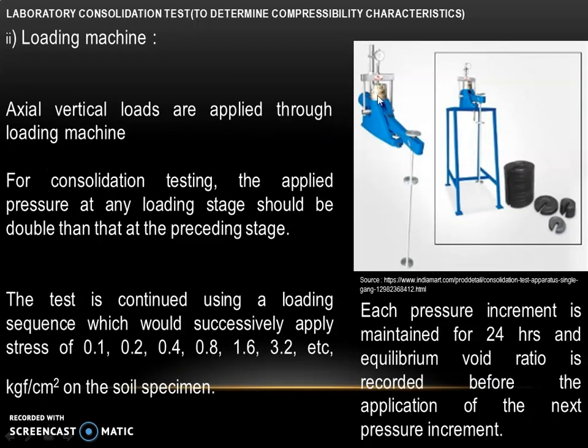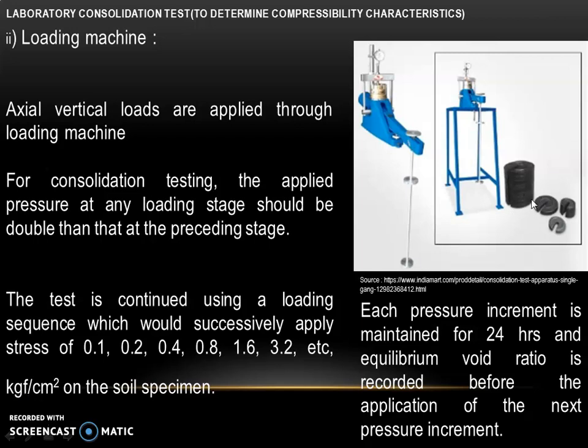Axial vertical loads are applied through the loading machine. For consolidation testing, the applied pressure at any loading stage should be double that at the preceding stage. The test is continued using a loading sequence which would successively apply stress of 0.1, 0.2, 0.4, 0.8, 1.6 and 3.2, etc., which will be in terms of kgf per centimeter square.